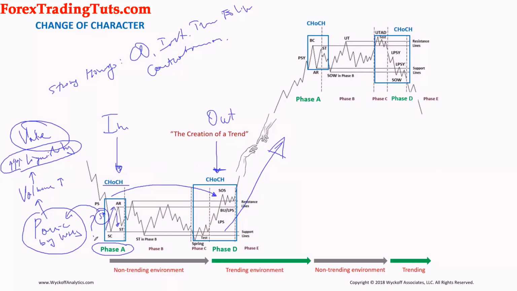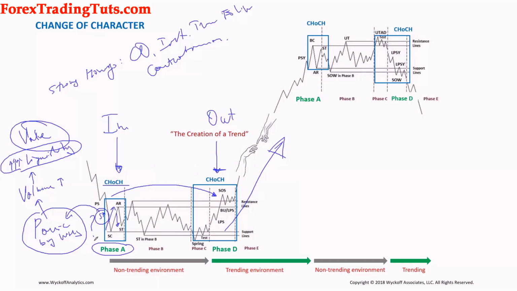once absorption has happened at that local level, then the price could actually go up and create an automatic rally or a change of character rally. And that's the whole process around the selling climax, and that's the whole idea behind the change of character.